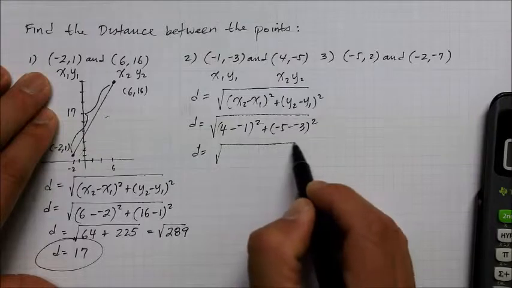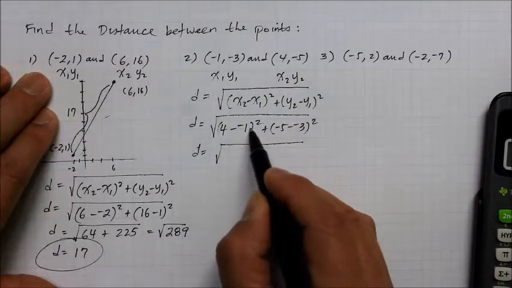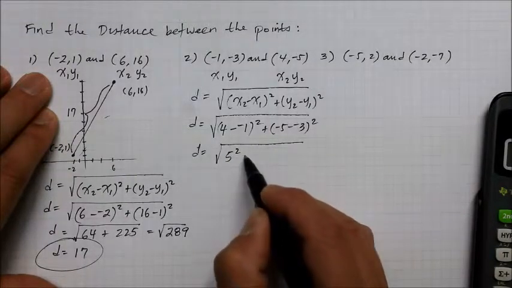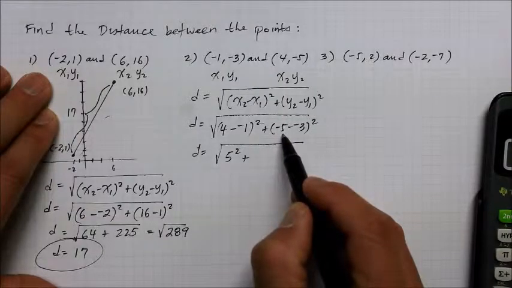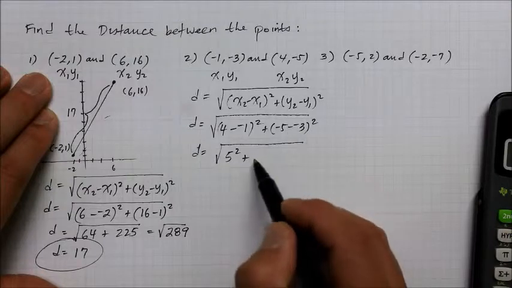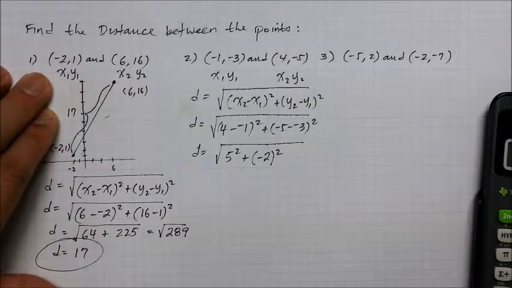So let's rewrite the whole thing by simplifying these negative signs. That is like saying 4 minus negative 1, that's 4 plus 1. So that's 5 squared. Plus, this is a little tricky. Negative 5 plus 3 is negative 2 squared.